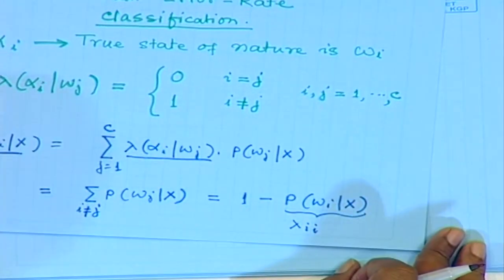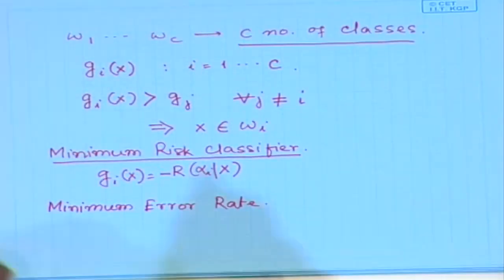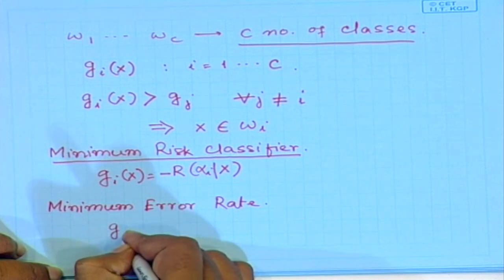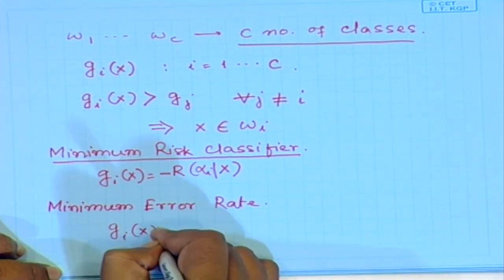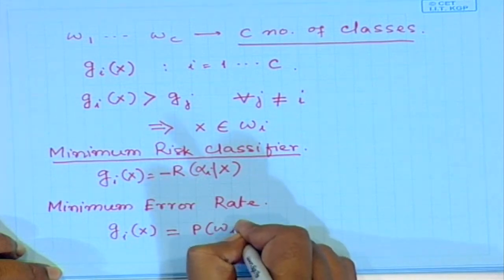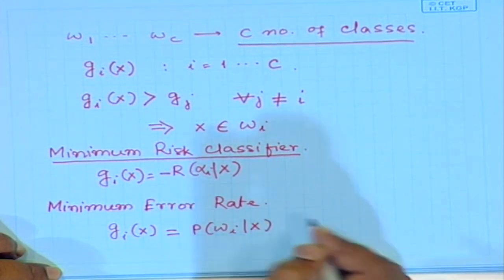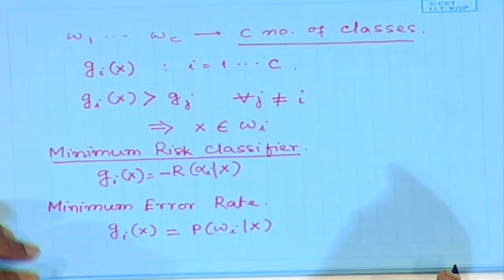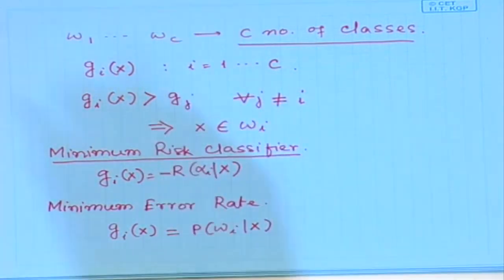So, for minimum error rate classification, g i of x is simply p of omega i given x. I can have the discriminant functions like this, and for multiple classes, for whichever class the value of the discriminant function is maximum, I put x into that particular class.